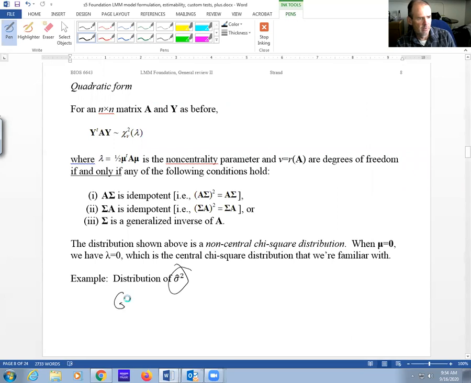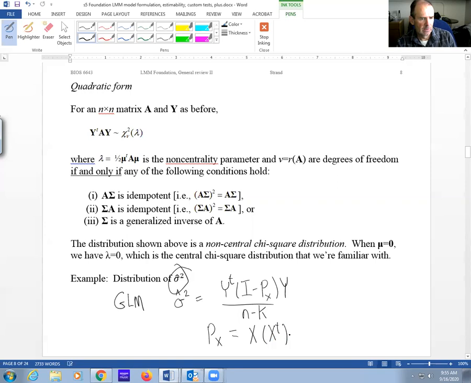So for the GLM, the general linear model, the form looks like this: Y transpose times (I minus P of X) Y over N minus K, where P of X, the projection or hat matrix as you sometimes call it, is equal to X times (X transpose X) inverse X transpose.